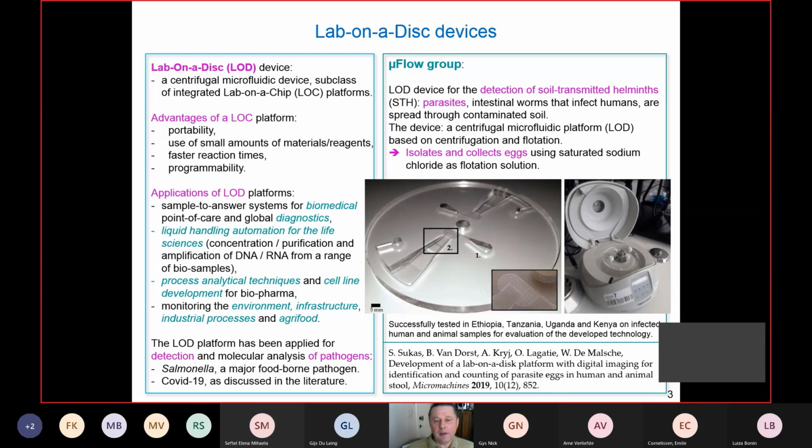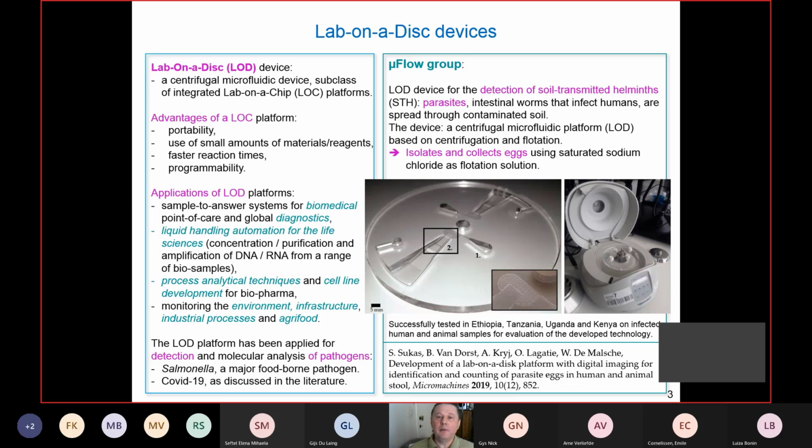I mention here applications for detection and treatment of pathogens. For example, there are many papers about salmonella. Also recently, they discussed the possibility of using it for COVID-19 detection.